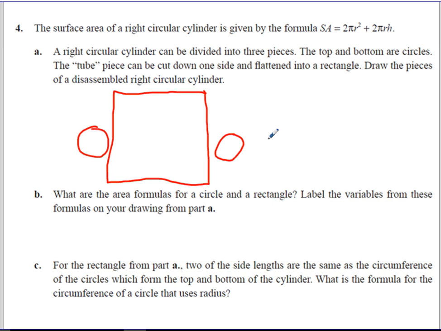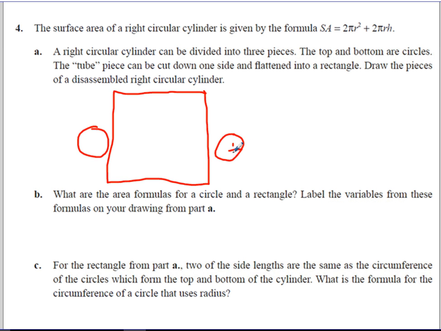And we know that the formula for a circle is pi r squared, and a rectangle's formula is length times width. So it says we're supposed to label those pieces here.